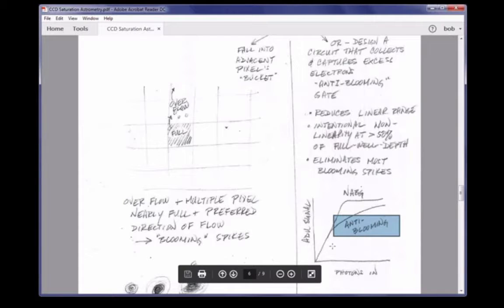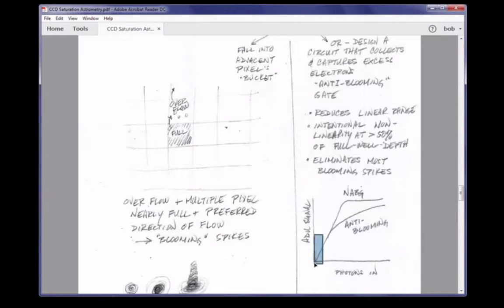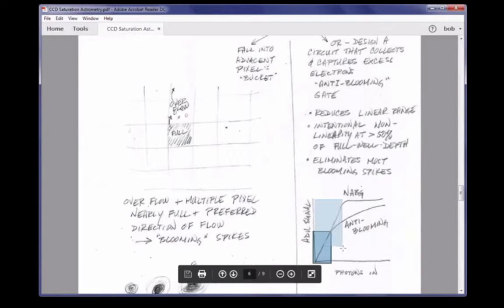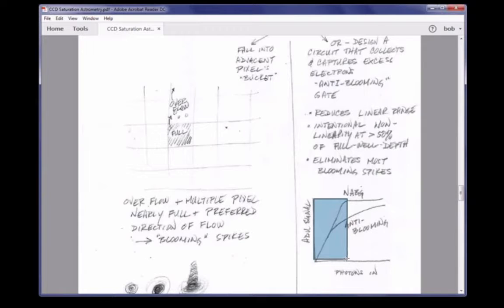What that means is your dynamic range is reduced. I have to set my exposures so that my stars fall somewhere in this linear range. Whereas on a non-anti-blooming sensor, I could have a wider range of brightness or exposure.